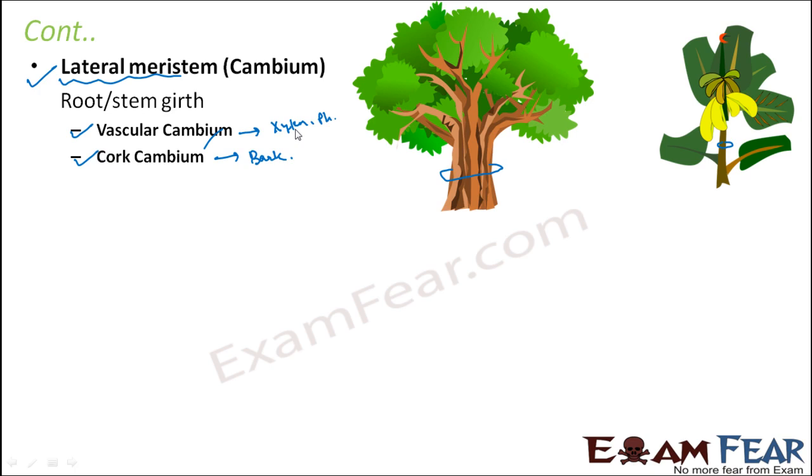Now in primary meristem again we have two types, apical meristem and intercalary. Apical meristem is responsible for increase in length of the plant. Now one more thing to be noted here is, just now I spoke about apical meristem, right? Have you ever observed one thing at your house, that if you have a plant in a pot, you uproot that plant, so take it out completely from the soil and then plant it in a different pot.